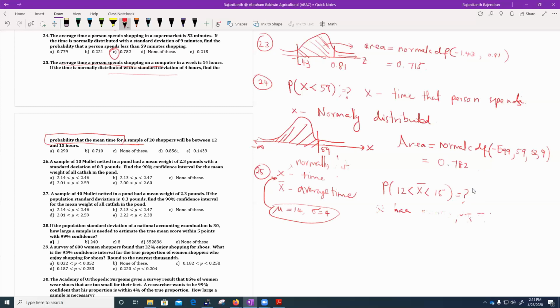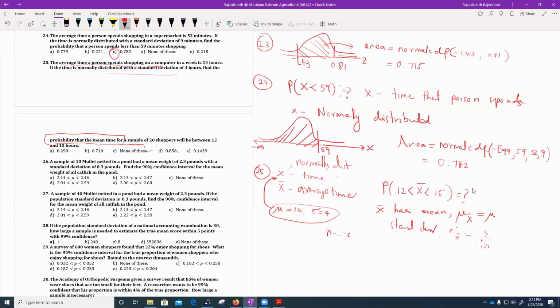That is equal to mu, the mean of the original. And the standard deviation for x bar, which we denote as sigma x bar, is given by the standard deviation for x divided by the square root of the number of samples. If you look at this problem, there are 20 samples they have taken. Therefore, n is 20 here.